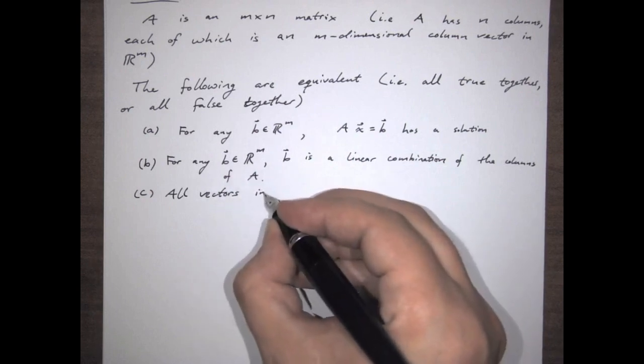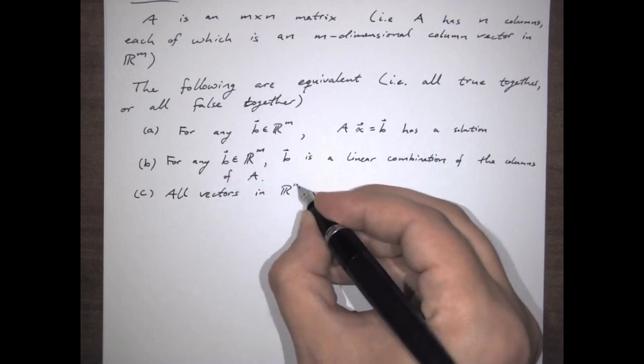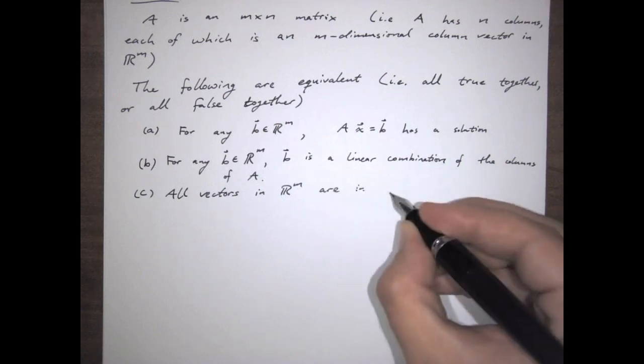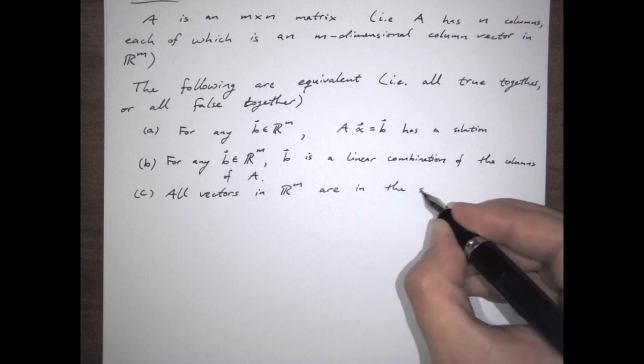So that means all vectors in Rm are in the span.